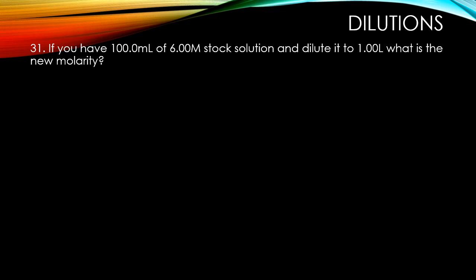And the last one, if you have 100 milliliters of 6M stock solution and dilute it to 1 liter, what's the new molarity? Now, this time V1 and V2 are not the same unit. They have to be the same unit before you plug it in. And it doesn't matter which one you change as long as you change one of them. I like smaller numbers. And so 100 milliliters is 0.1 liters.